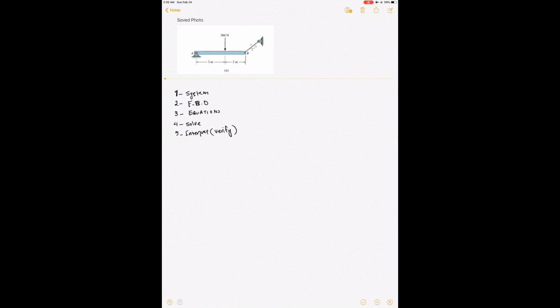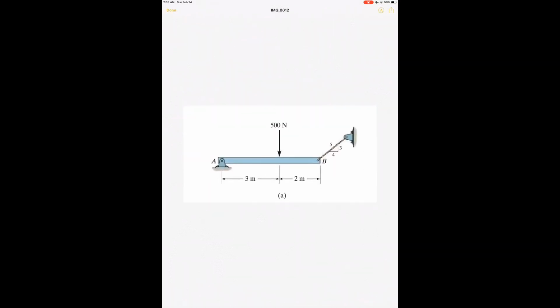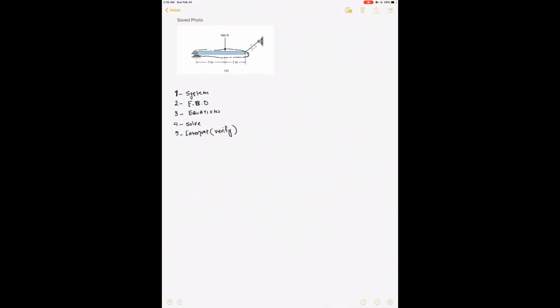So here I choose this beam as my system. So this is what I'm going to use as my system, and if I choose that as the system, I can draw a free body diagram, right?